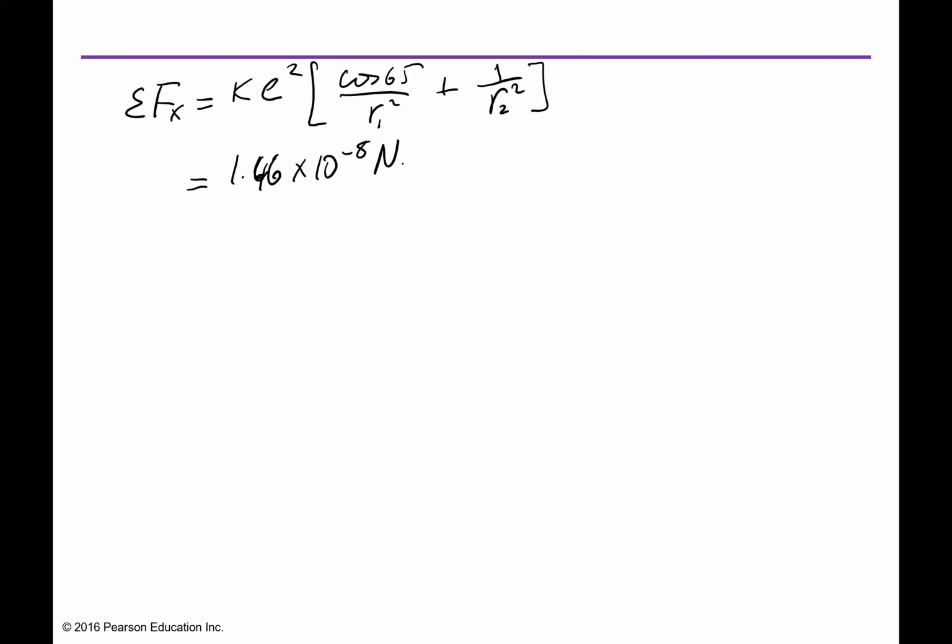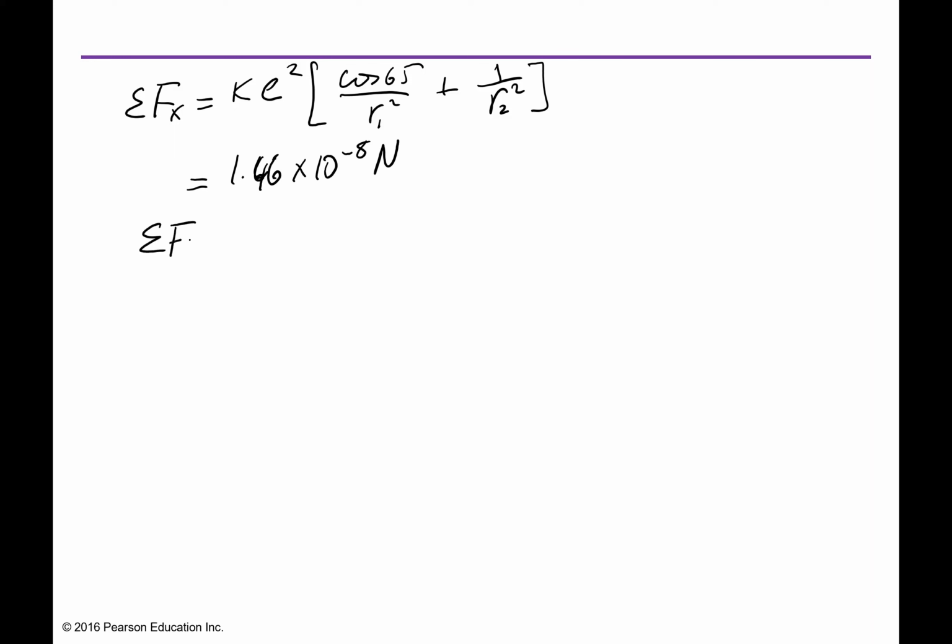So what I did here is k e squared, then cosine of 65 over R1 squared plus 1 over R2 squared. Again, I could have factored out R1 and R2 because they're the same. But in any case, if I plug in the numbers, I can then get for the x component 1.46 times 10 to the negative 8 newtons.